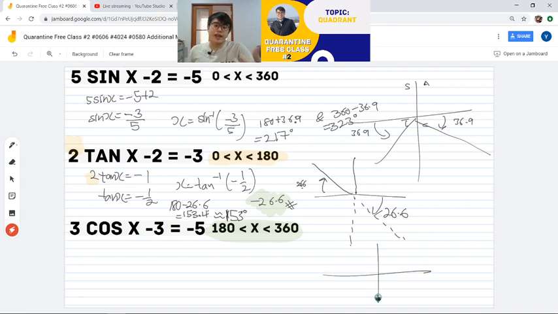And for cosine to be negative, it only will have one answer.